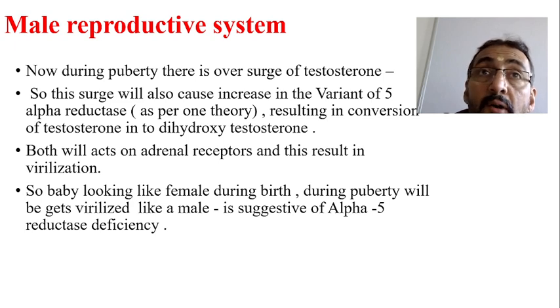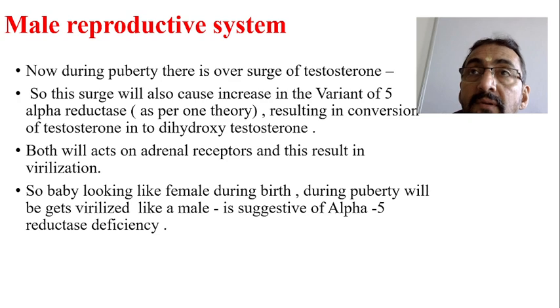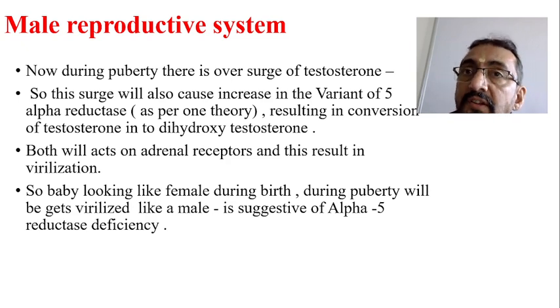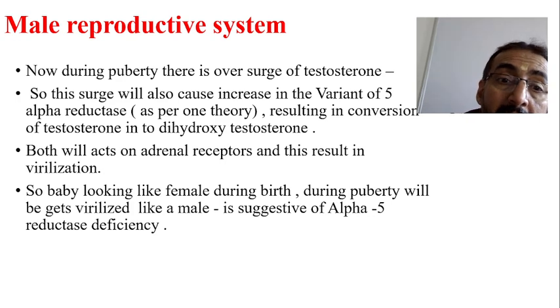The external genital organs will now develop because the variant of 5-alpha reductase is formed, and that will convert testosterone into dihydrotestosterone, and dihydrotestosterone is responsible for the formation of the external genital organs.